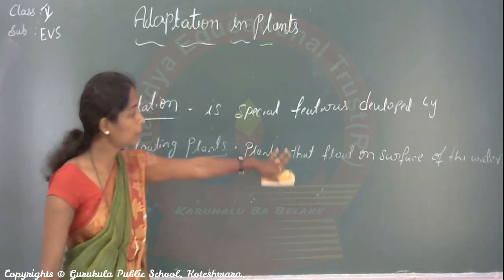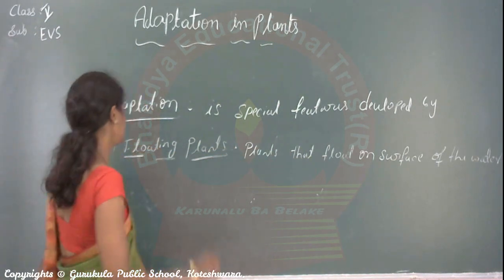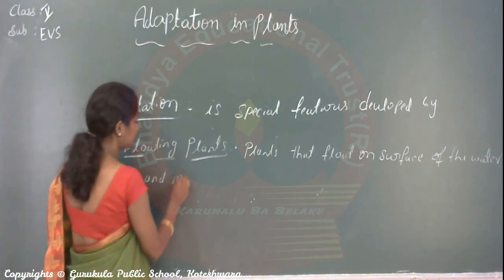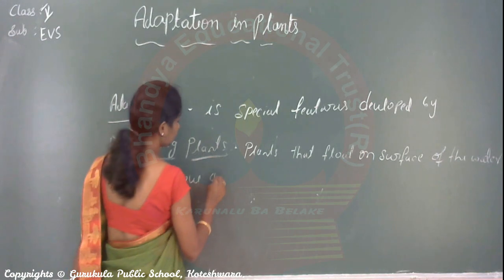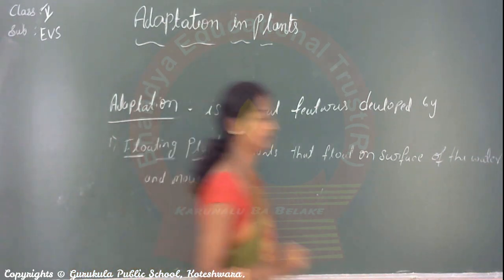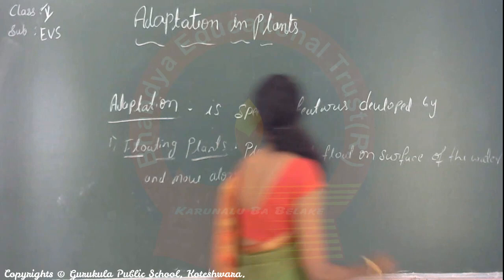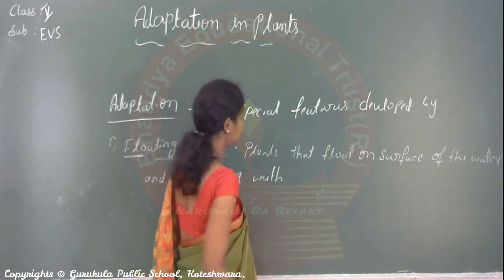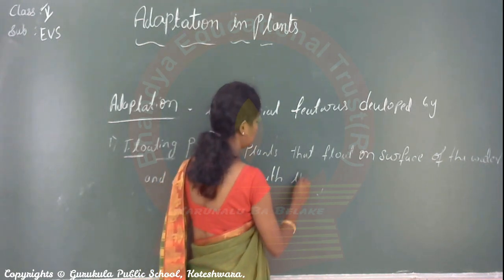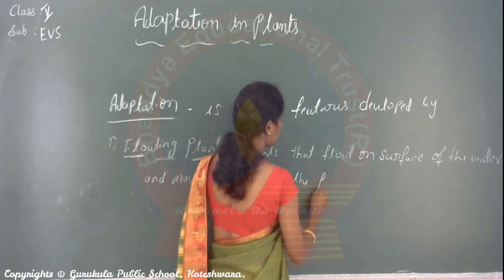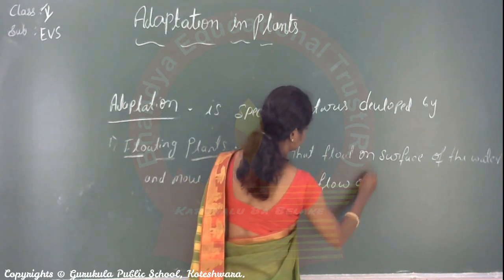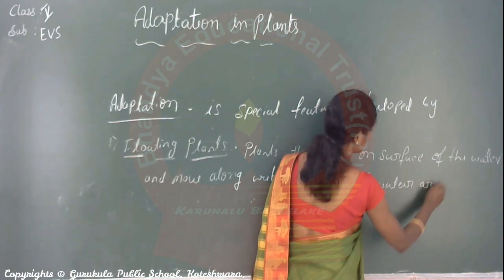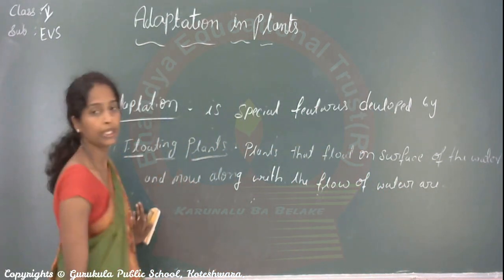Plants that float on the surface of the water and move along with the flow of water are called floating plants.